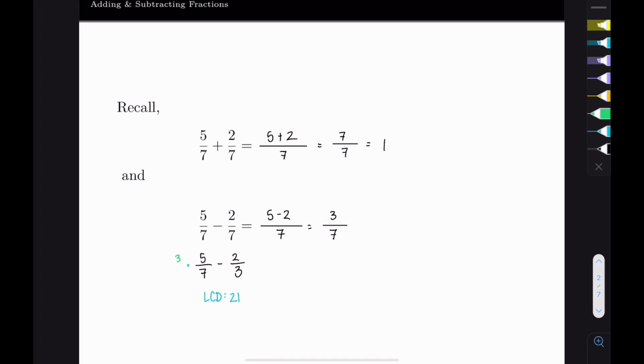So this first piece we'd have to multiply by 3 over 3, the second piece by 7 over 7. And so the first one we can change to the fraction 15 over 21, and the second would change to 14 over 21. And now that they have the same denominator, you subtract the numerators, and it leaves you with 1 over 21.